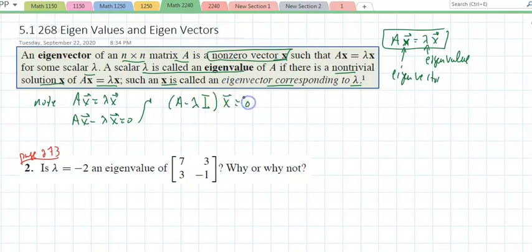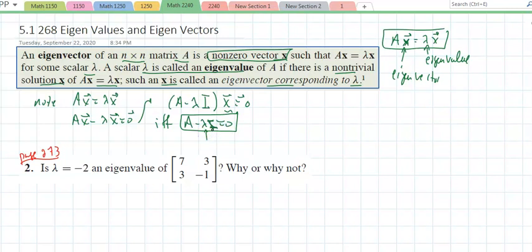And since x cannot be 0, because you're not interested in the trivial case, it must be that the determinant of A minus lambda I equals 0.